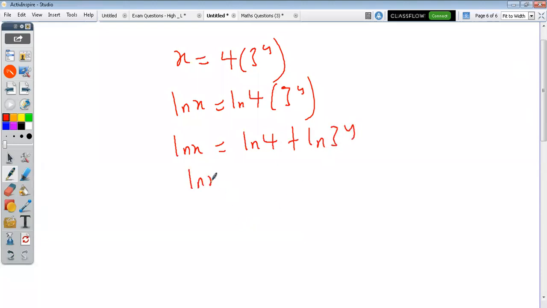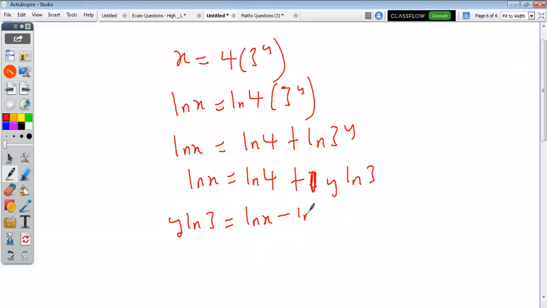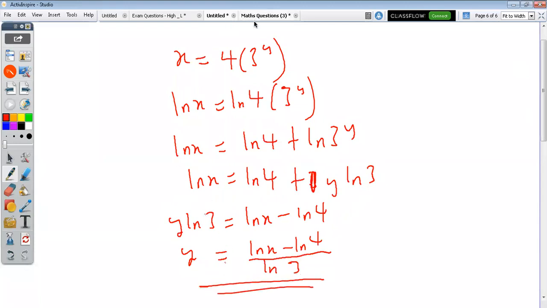So it means ln x is equal to ln 4 plus y ln 3. Then we take that to the other side, so y ln 3 is equal to ln x minus ln 4. Then divide both sides, y is equal to ln x minus ln 4 divided by ln 3. So we are done.